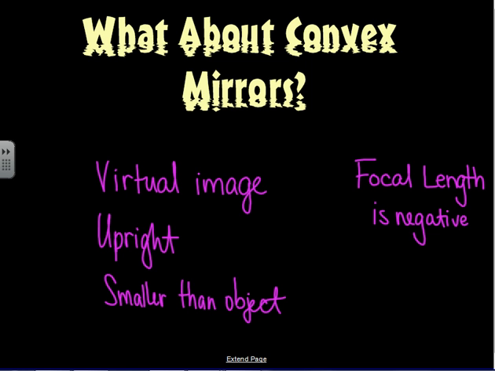That stems from the fact that the focal point is actually located behind the mirror, because parallel light rays that hit a convex mirror will never converge on the same side of the mirror. Hopefully these properties will help you understand exactly what an image looks like when it hits a curved mirror.